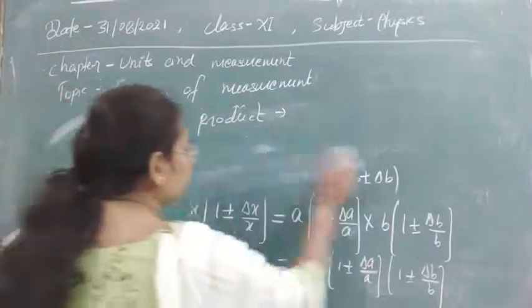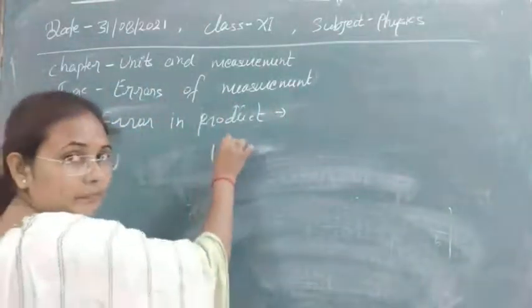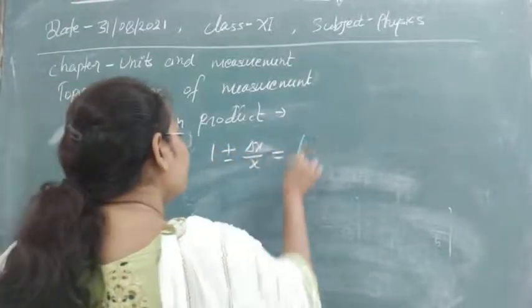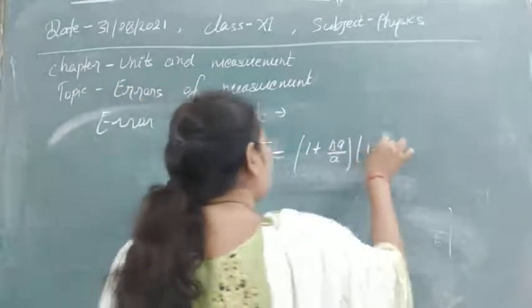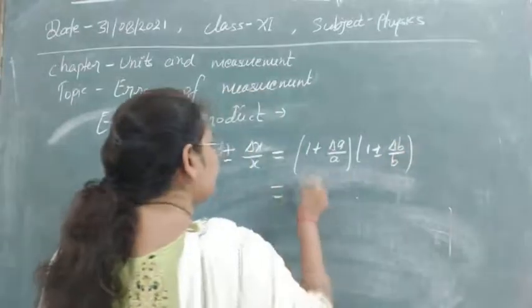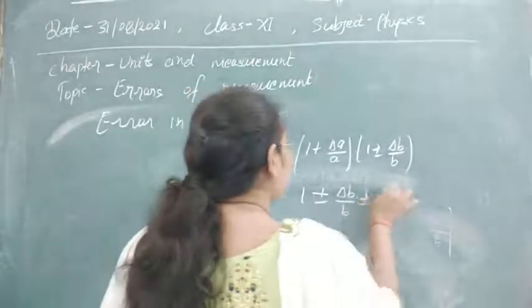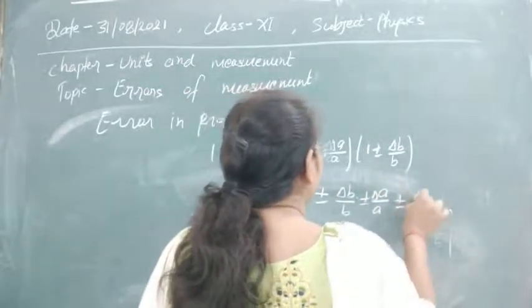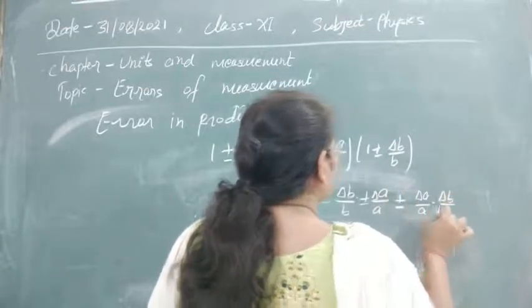So we can write 1 ± Δx/x equal to (1 ± Δa/a)(1 ± Δb/b). Let's take their product: 1 ± Δb/b ± Δa/a ± (Δa/a)(Δb/b).